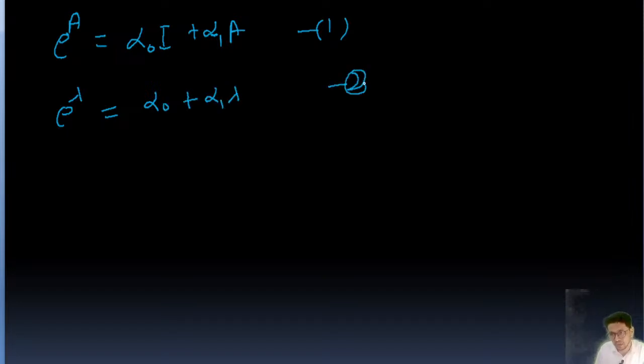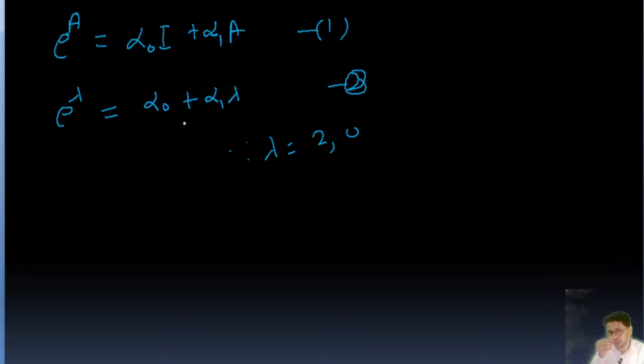This is equation number 2. Since we have found the eigenvalues, 0 and 2, now we have to find the values of alpha naught and alpha 1. Then we put the values of alpha 1 and alpha naught in equation 1 and we'll find the value of e to the power A.